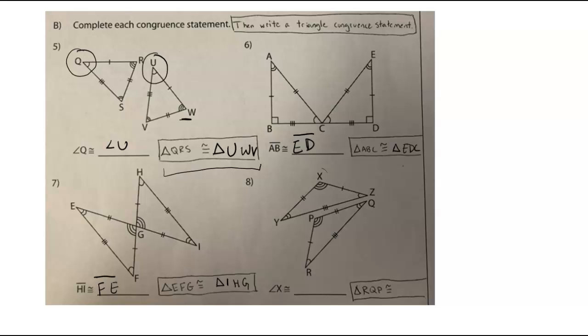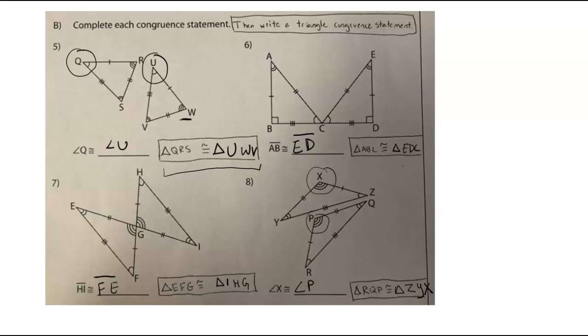Okay. And then last but not least, on number 8, angle X. Angle X has 3, and P also has 3. So I'll put a little 3 there. And then our triangle statement. R had 1 tick mark, so that would be letter Z. Q had 2, which was Y, and then P matched up with X, so we should see an X right there.